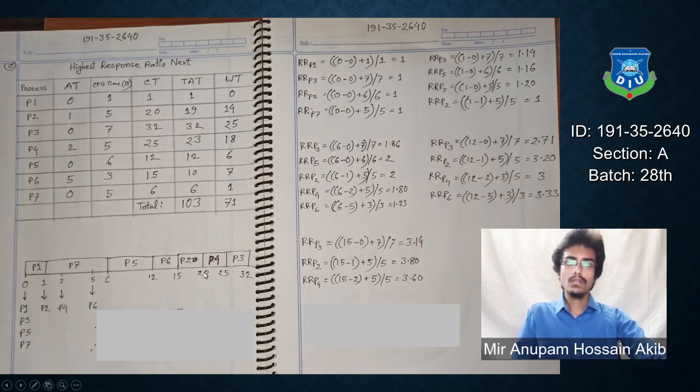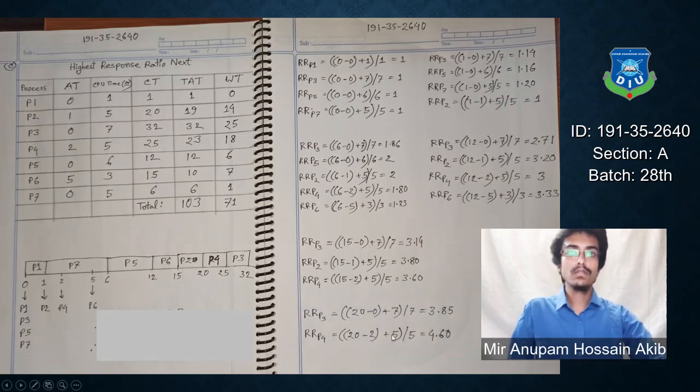Now we have only 2, P3 and P4. If we find the response ratio of both, P4 is highest. So we execute P4, and P4 is executed. Now we have only one process, P3, so we can execute it without any hesitation.